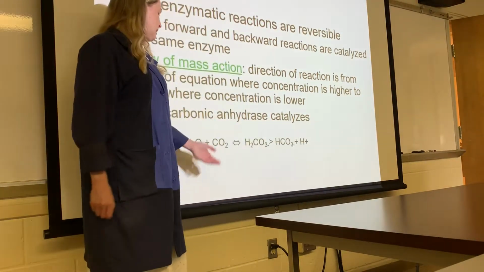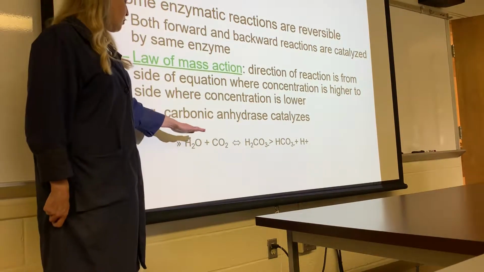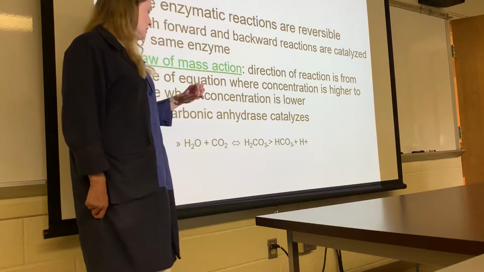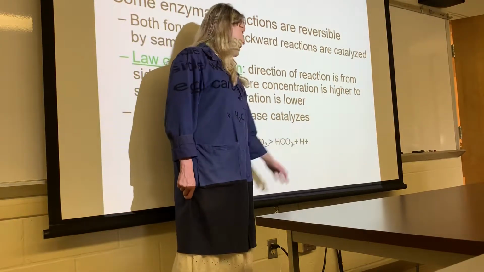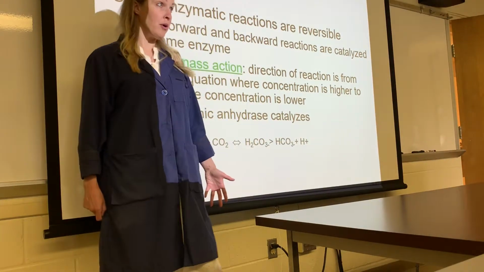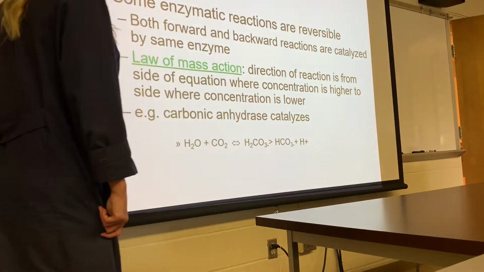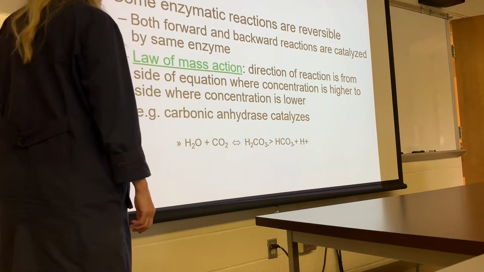So if you're not sure what these compounds are, we have water, carbon dioxide, carbonic acid, bicarbonate, and hydrogen. And we have seen this part of that reaction before. This is the second time in the class we're going to see it, and we'll see it one more time after this.